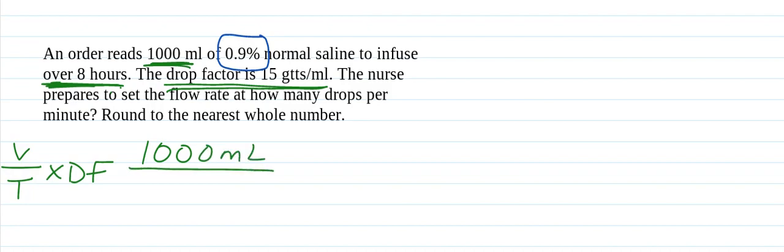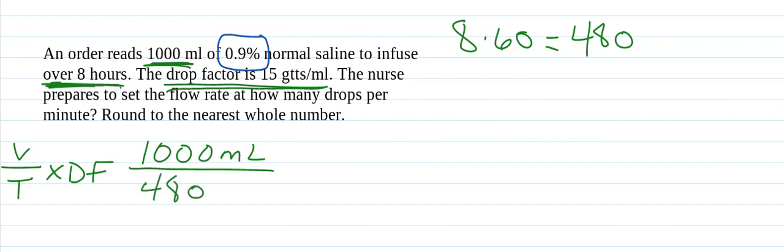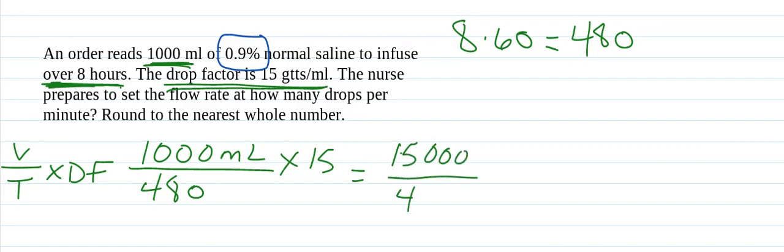Our time is 8 hours. We have to have minutes, right? So we're going to multiply 8 times 60. When we multiply 8 times 60, we get 480. And then our drop factor is 15. So once again, 1,000 times 15 is 15,000, divided by 480.